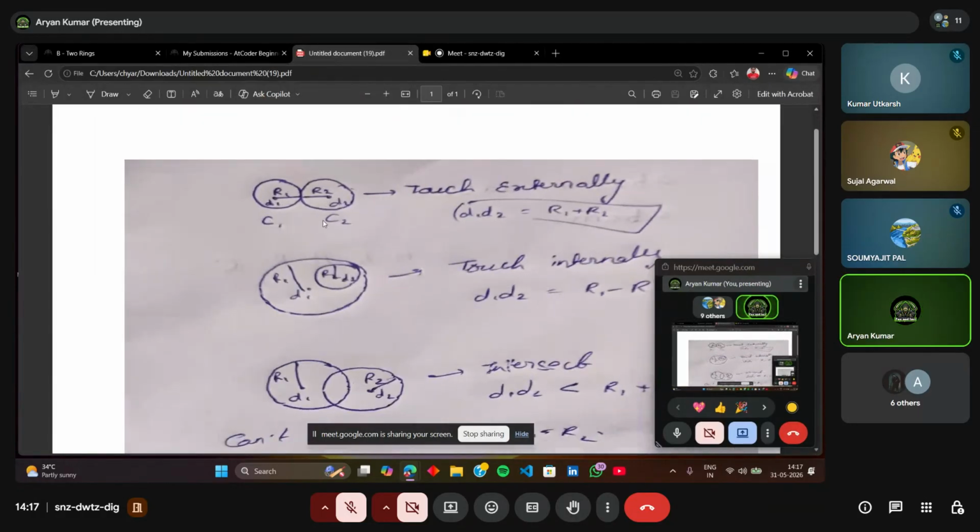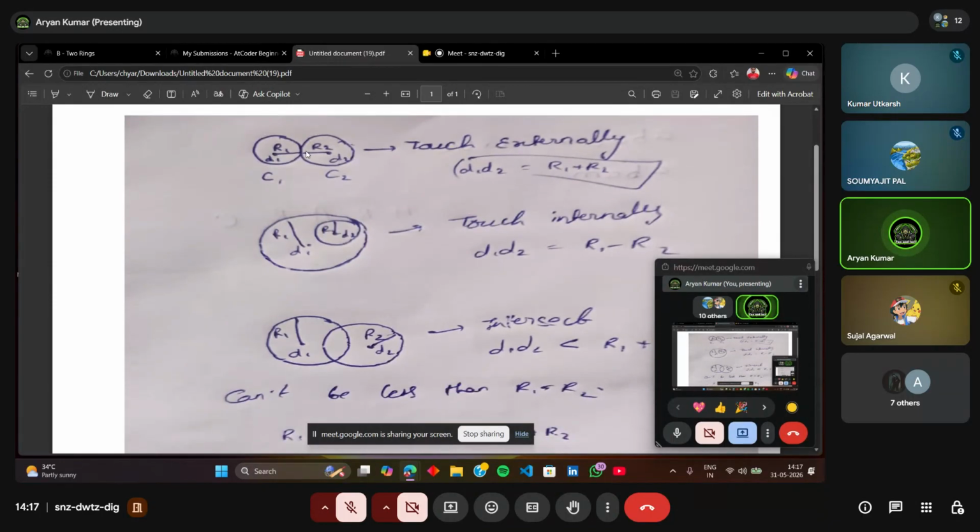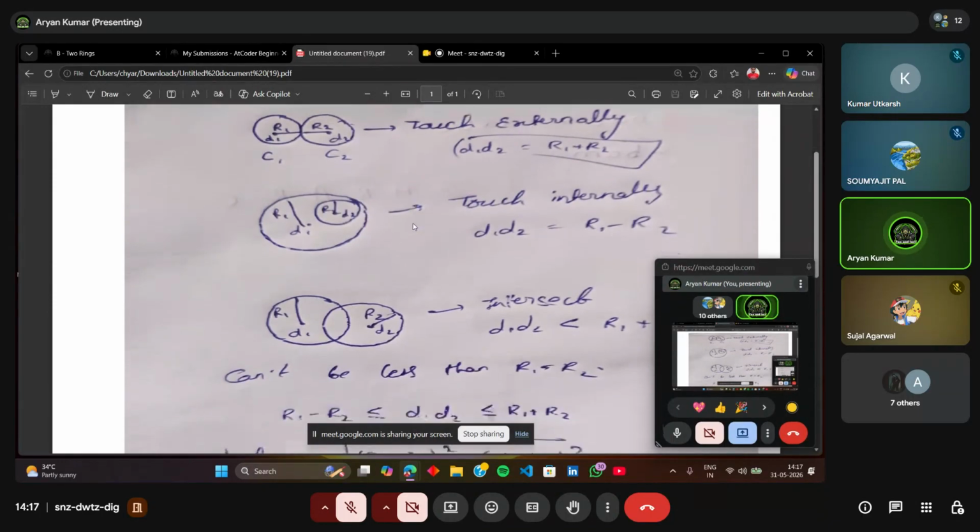If two circles touch externally, then there is one common point between them. What is the condition for this? The distance between their centers will be equal to the sum of their radii. So this is the first condition, where both circles touch externally and have exactly one common point.